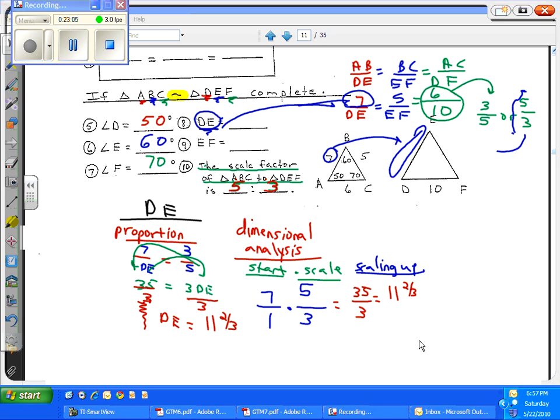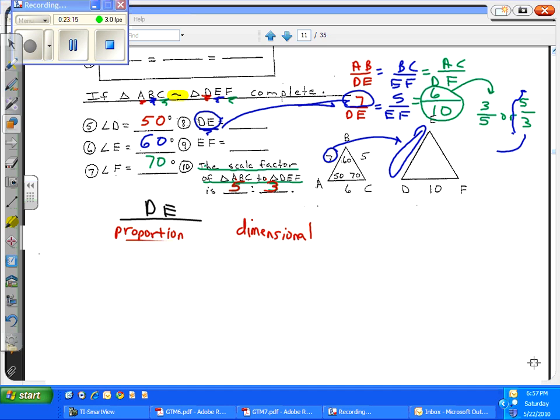Okay, so now we're going to find EF. We'll use a proportion and dimensional analysis both again. So this time we want to find EF. When we're looking for EF, we're going to find the ratio with EF in it if we're going to do a proportion.